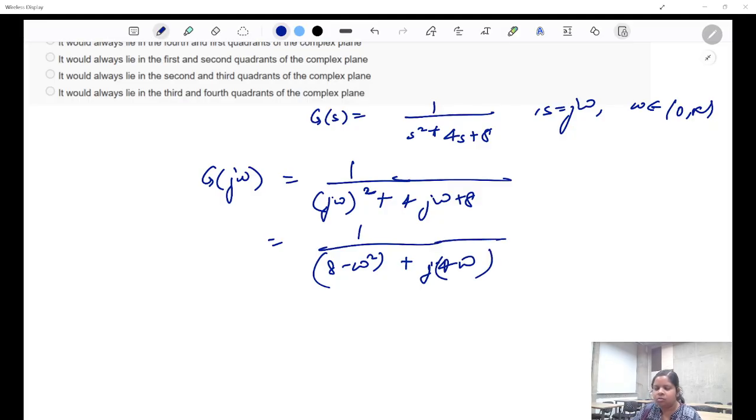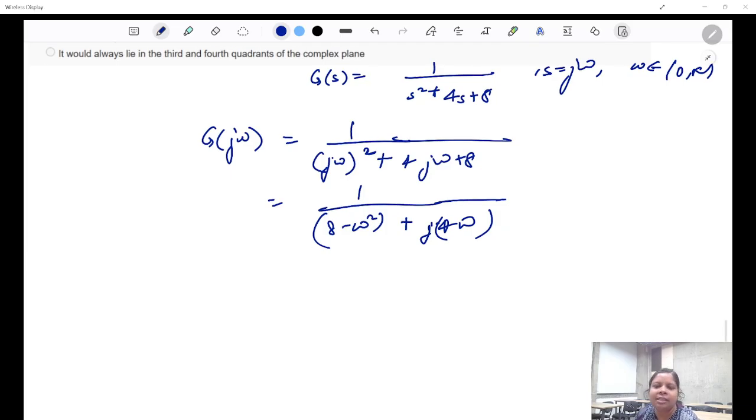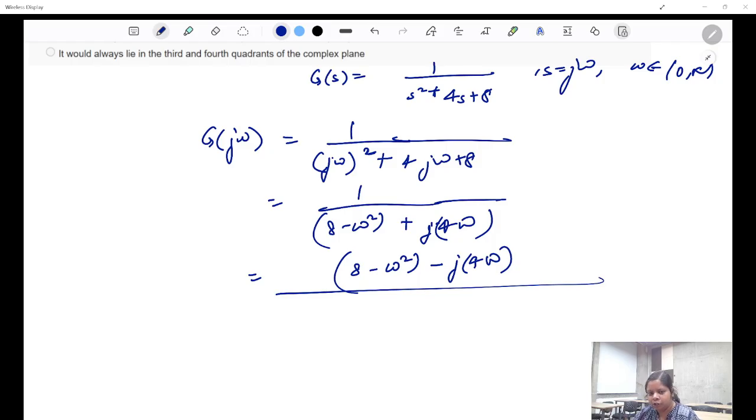Once we have this, we want to get rid of any j term in the denominator, so we'll multiply by the conjugate, 8 minus omega square minus j 4 omega. In the denominator it's going to be (8 minus omega square) whole square plus (4 omega) whole square, right?